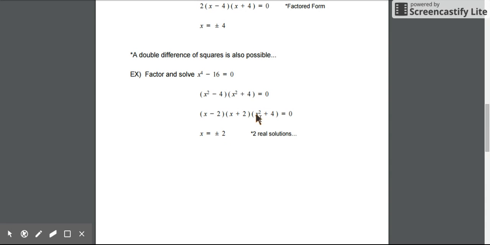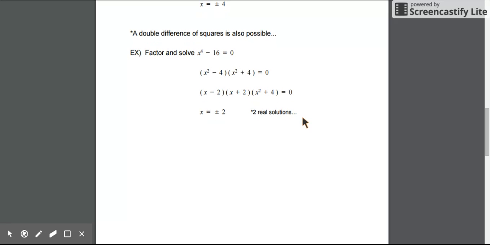Because if I solve x squared plus 4 equals 0, I actually get imaginary solutions. If I subtract 4 from both sides and try and square root negative 4, square rooting a negative number gives me imaginary solutions. And we're not going to include those. So at this level in math, we're not talking about our imaginary solutions yet. So I'm just going to focus on the two real solutions in this equation.